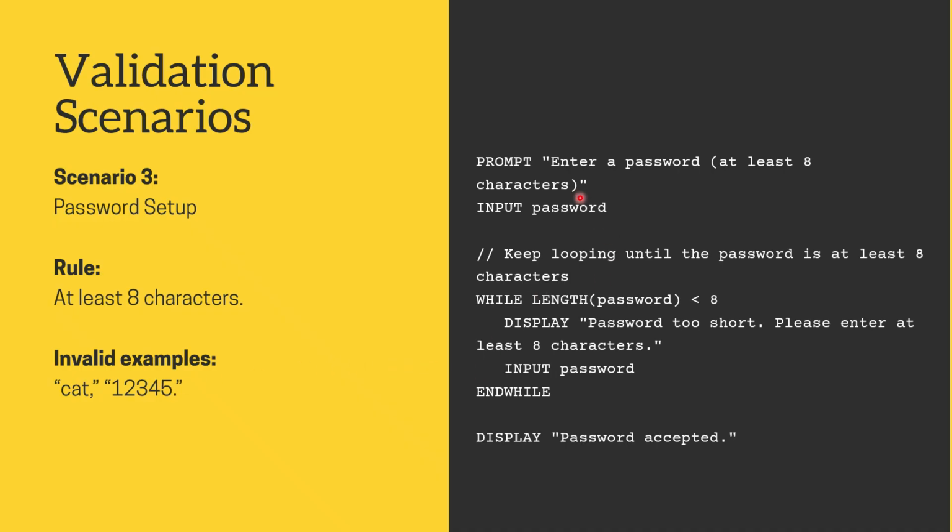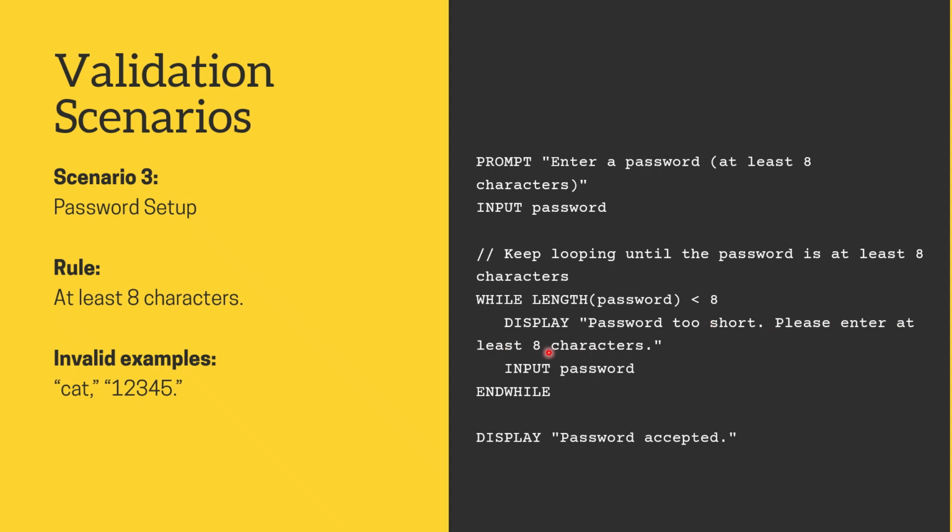Okay, so here's our pseudocode. Our prompt is enter a password at least 8 characters. They enter the password, and again we keep looping until it has at least 8 characters. So while the length of password is less than 8, because it just has to be 8 or more, we're going to display password too short.